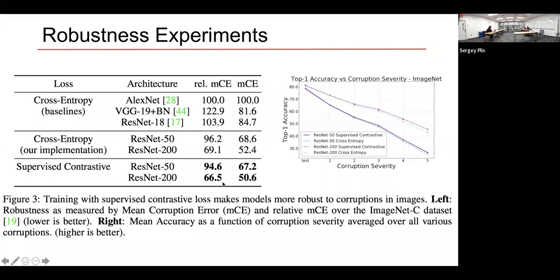They have shown that with supervised contrastive loss, when these out of distribution samples from ImageNet-C are used to test the model's performance, the overall corruption error is far less than the traditional cross entropy based implementation.